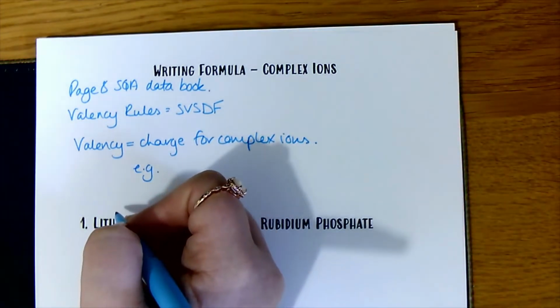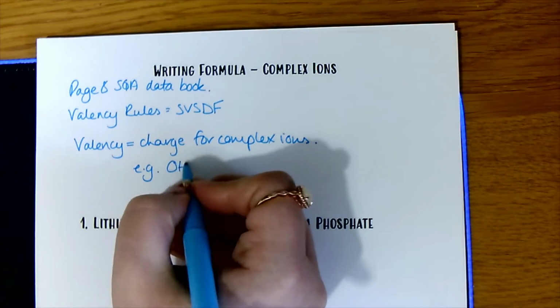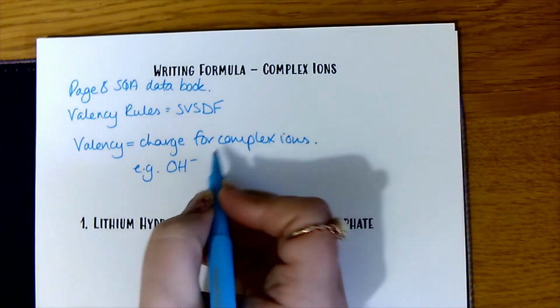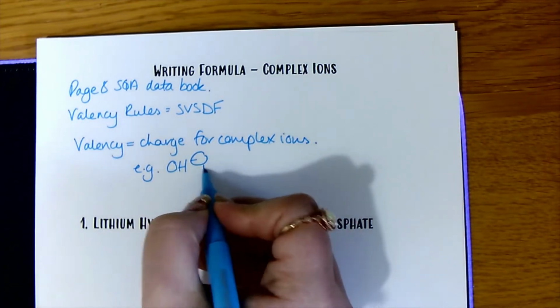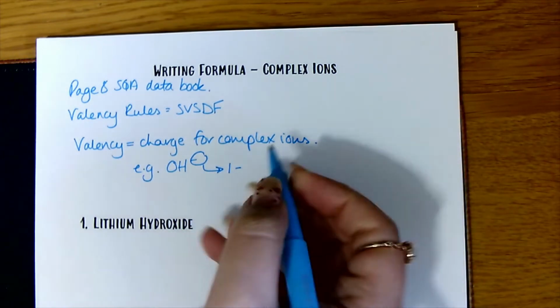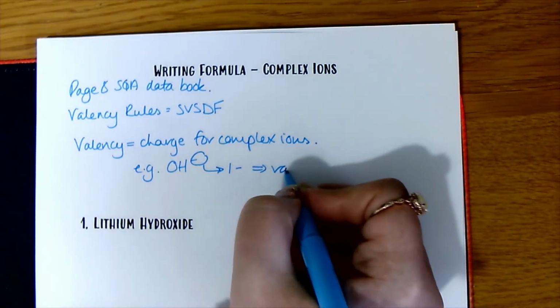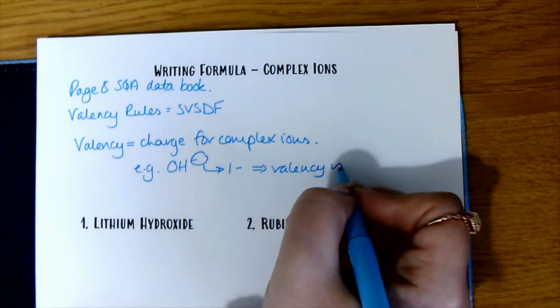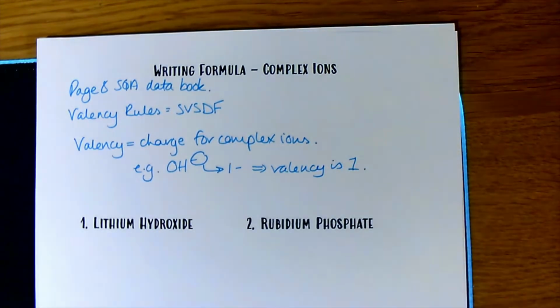For example, when we have a hydroxide ion, our charge is 1 negative charge, therefore our valency is 1.